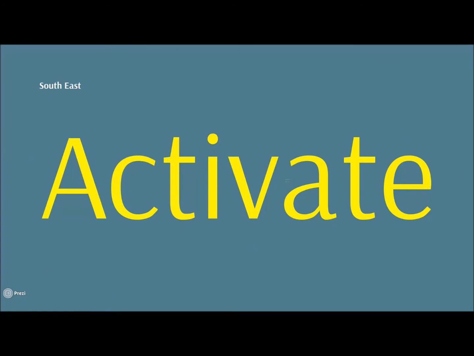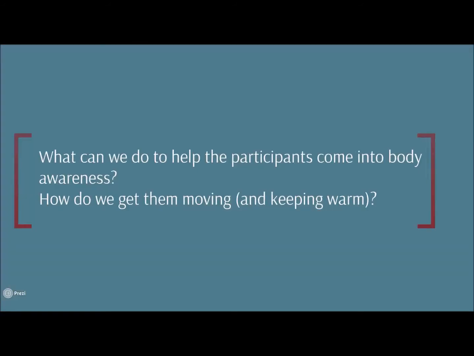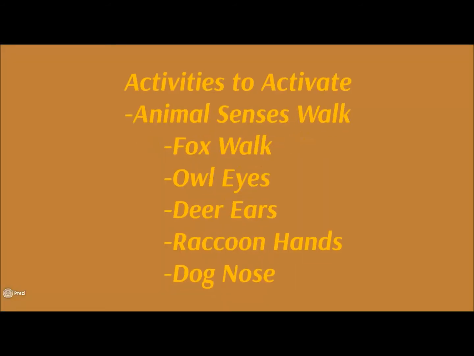For the Southeast, that time of activation, we want to get the participants to come into their body awareness. So we also want to keep them moving and keeping warm, but starting to slowly engage more of our senses. We could do this by some activities using the animal senses walk. So we'll have them in 2 groups.